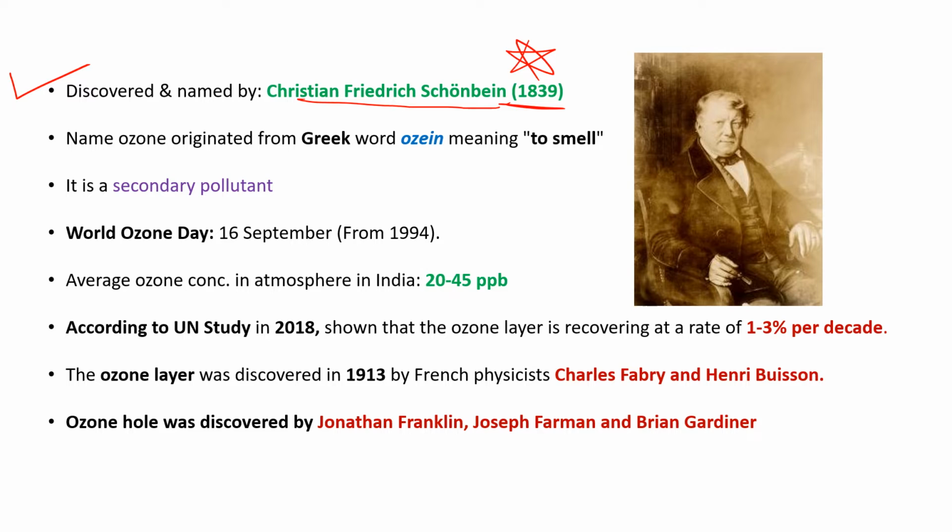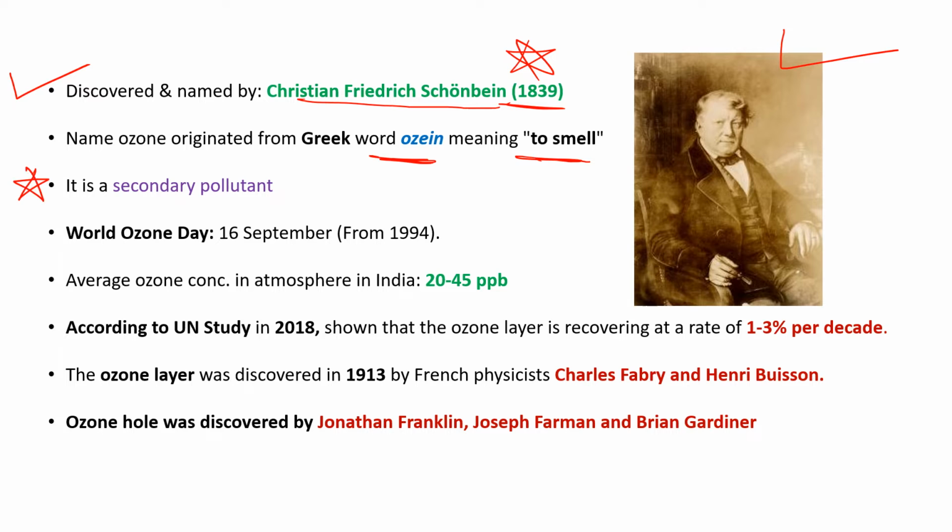So the ozone word originated from a Greek word ozein, which means to smell, because ozone has a specific pungent smell. So this is the picture of Friedrich Schönbein, who discovered as well as named the ozone gas.